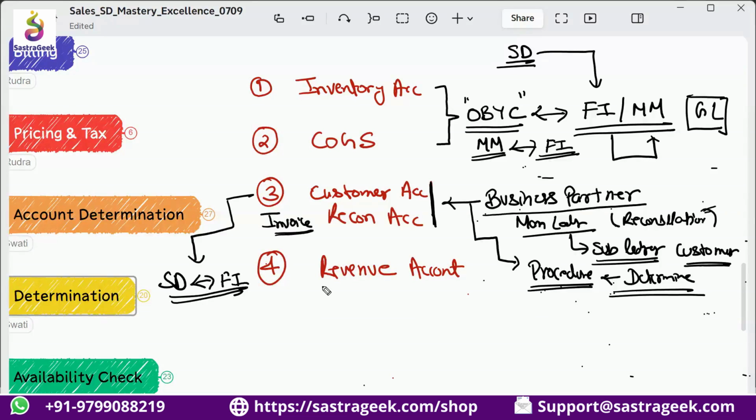Now we come to the 4th point, the revenue account. This is the part where the SD consultant needs to put in most of the effort, because for the most part, the reconciliation account comes directly from the business partner. And who maintains the reconciliation account in the business partner? Quickly answer in the chat.